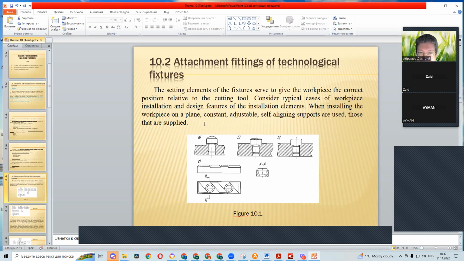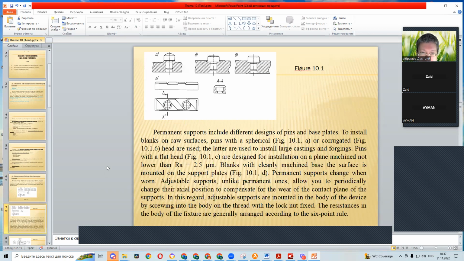When installing the workpiece on a plane, constant, adjustable, and self-aligning supports are used. Permanent supports include different designs of pins and base plates.